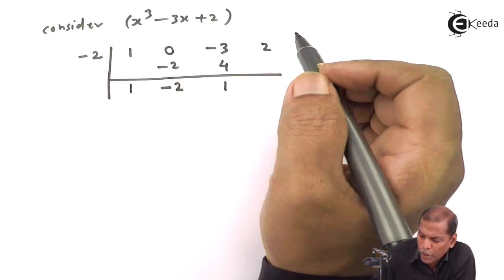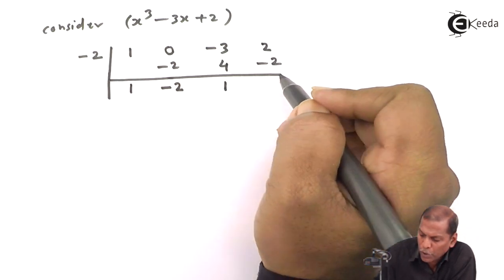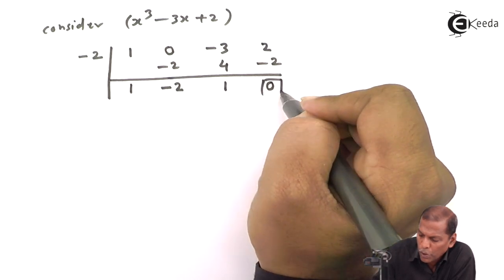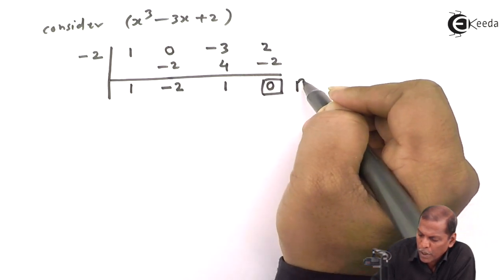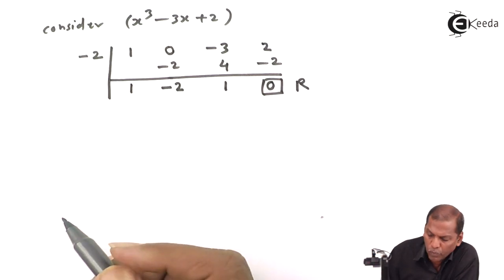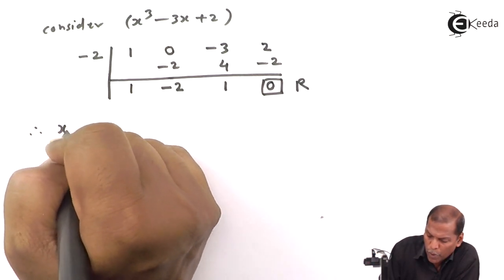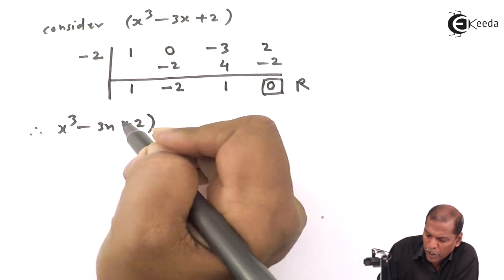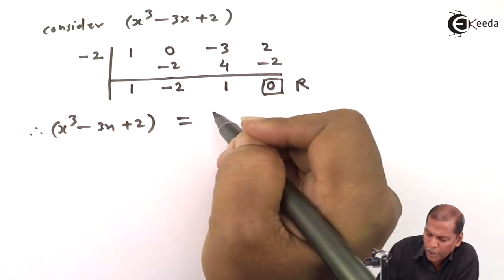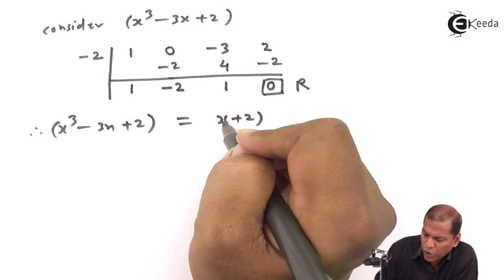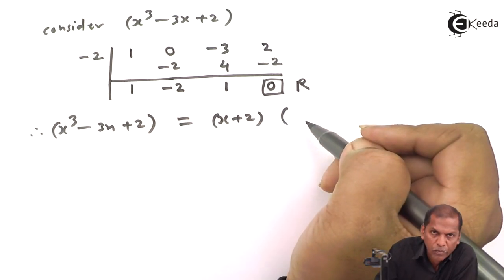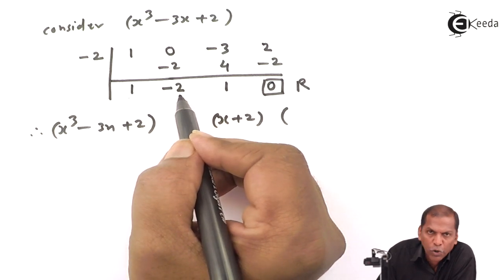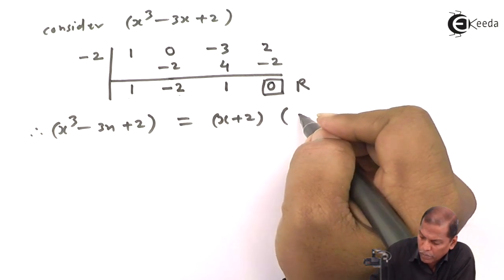Minus 2 into 1 we get minus 2, and finally 2 minus 2 we get 0 as a remainder. Therefore, x cube minus 3x plus 2 can be written as x plus 2 as one factor, and the second factor is x square minus 2x plus 1.